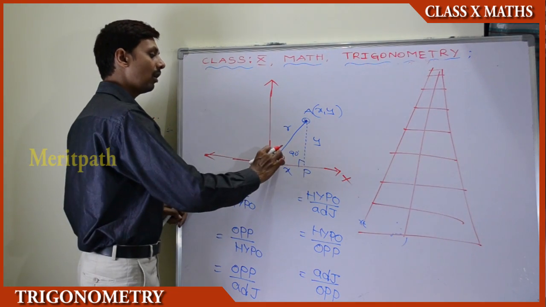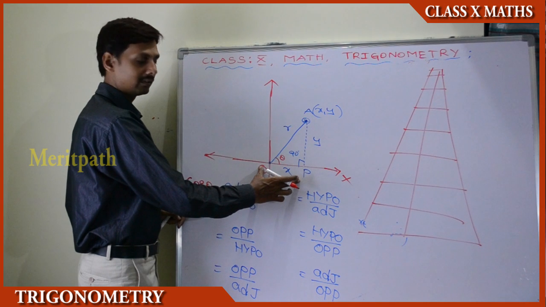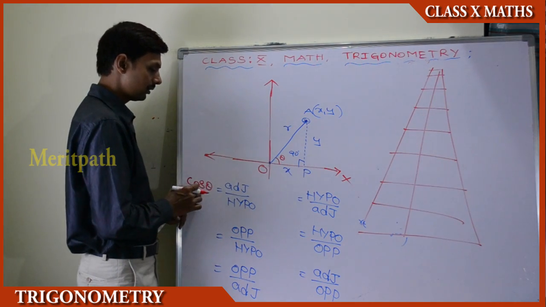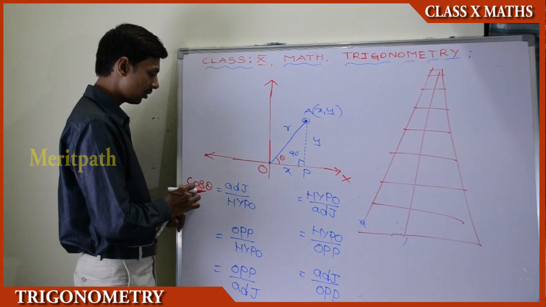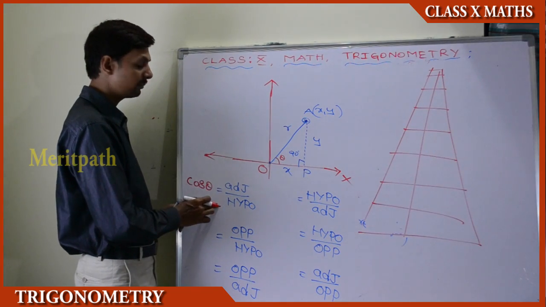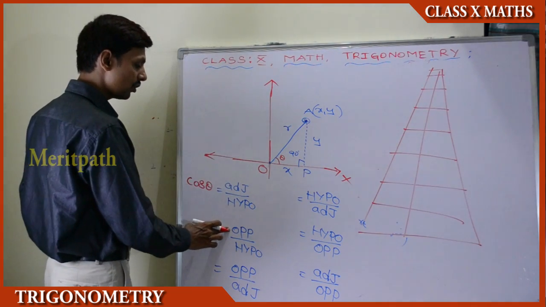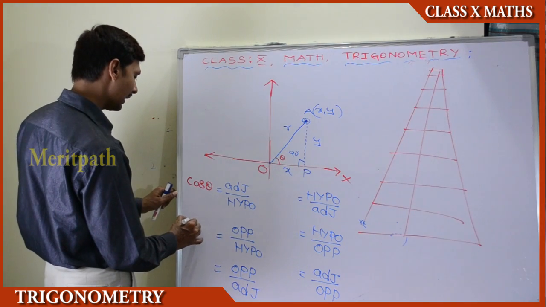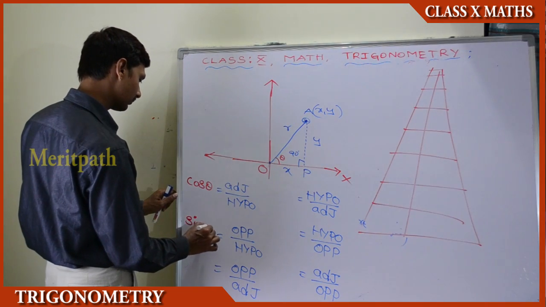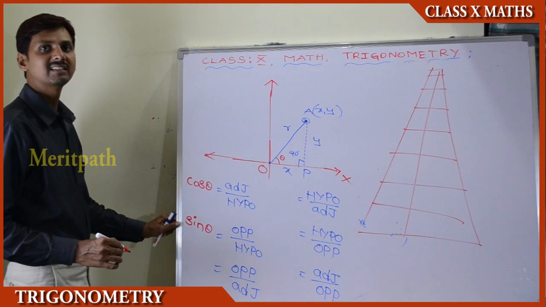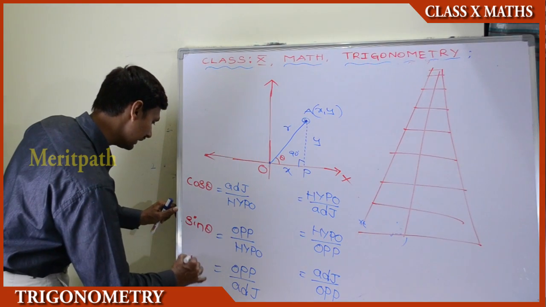So cos theta is equal to adjacent side by hypotenuse, opposite side by hypotenuse is called sin theta, and opposite side by adjacent side is called tan theta.